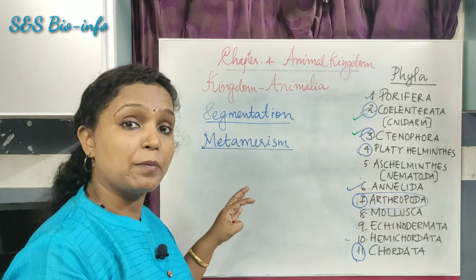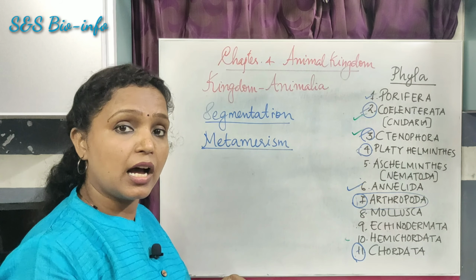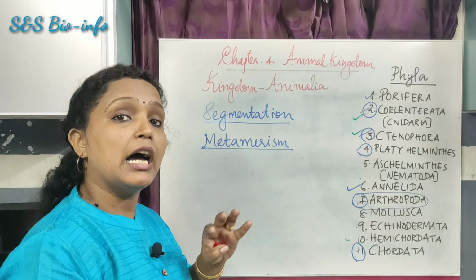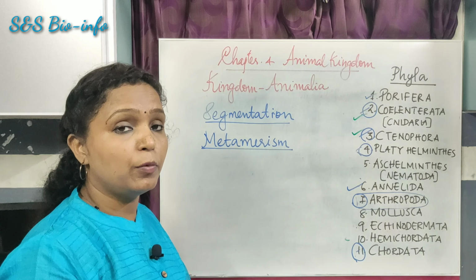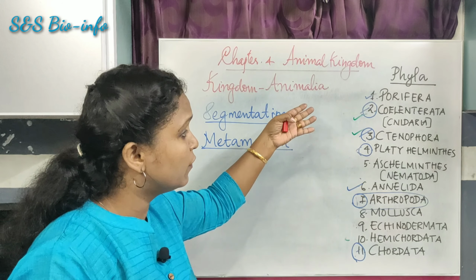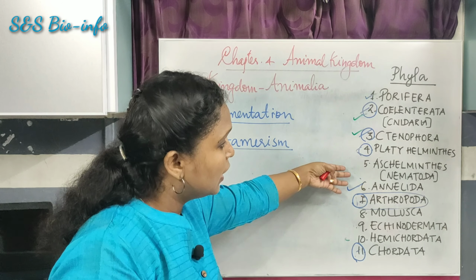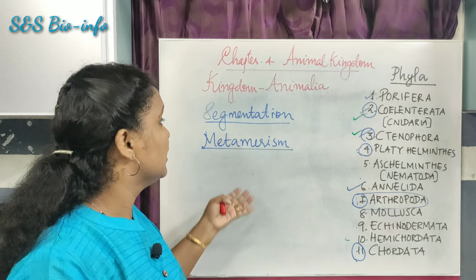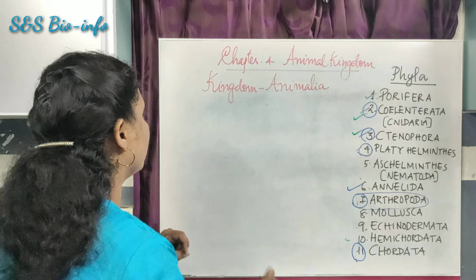So based on the presence or absence of segmentation, the animals can be categorized as animals with a segmented body, animals without a segmented body, and a metamerically segmented body. The phylum Porifera to the phylum Aschelminthes or Nematoda do not exhibit what? Segmentation.